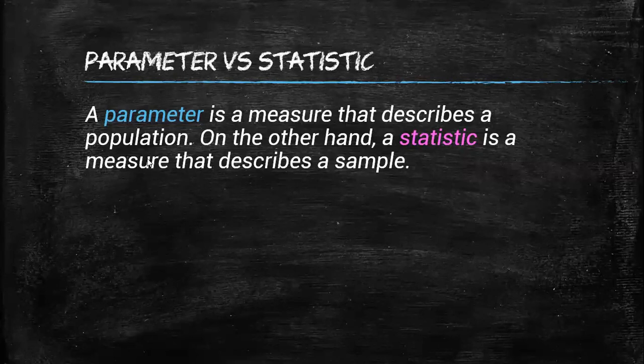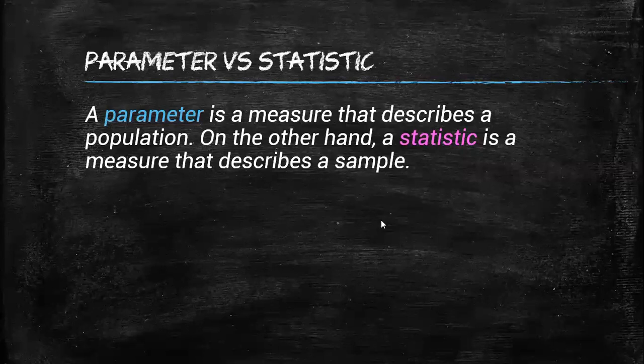Ngayon, class, paano ba natin malalaman kung siya ay parameter or statistic? Dapat alam natin na ang dataset is a population or a sample. Ngayon, class, based on the lessons that we have discussed last meeting or maybe in the third quarter, and based on your research subject, di ba? Alam niyo naman siguro yung population and sample.